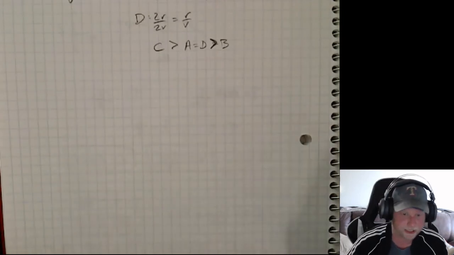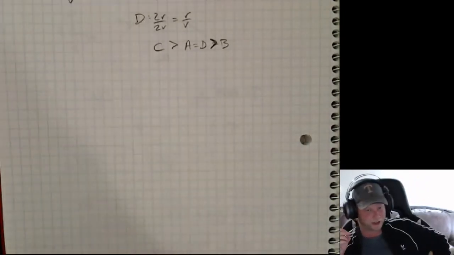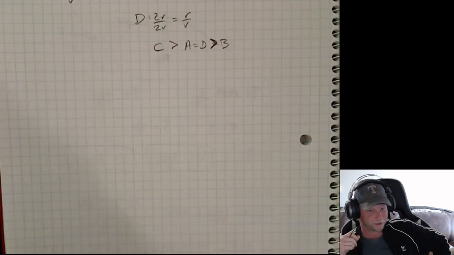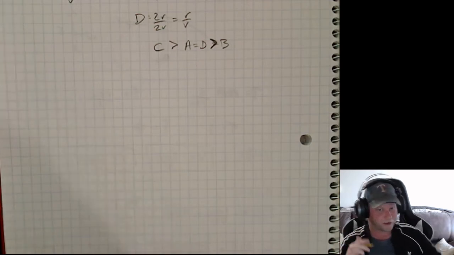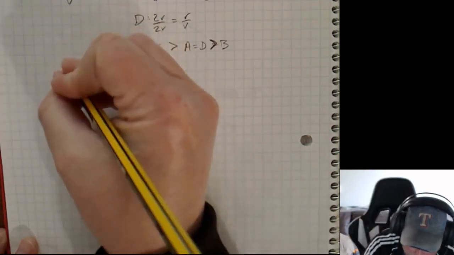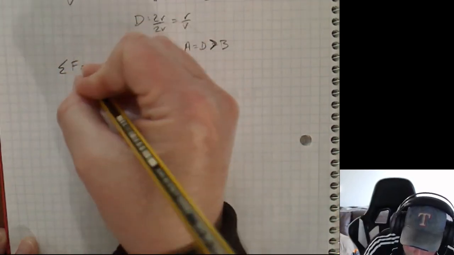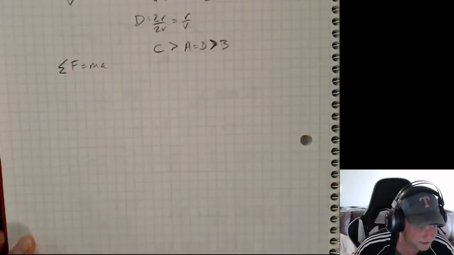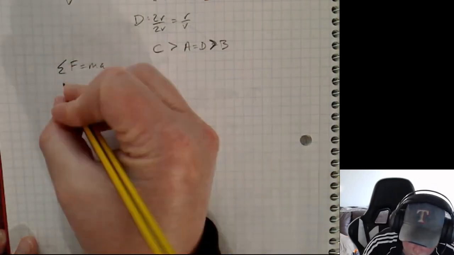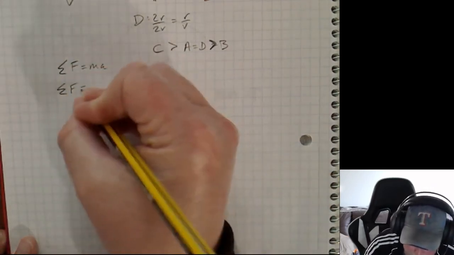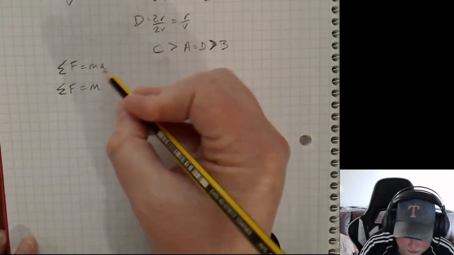So now let's look at what's happening when we're talking about dynamics, when we're talking about circular motion. So the forces involved. Now keep in mind, Newton's second law says that the net force is equal to mass times acceleration. Well, when you have circular motion, we know that that's a very specific acceleration.